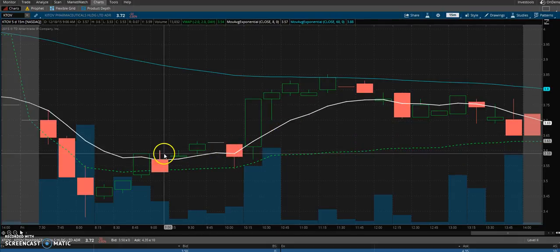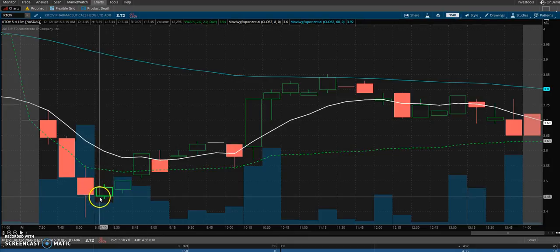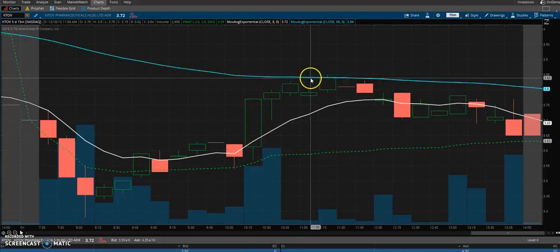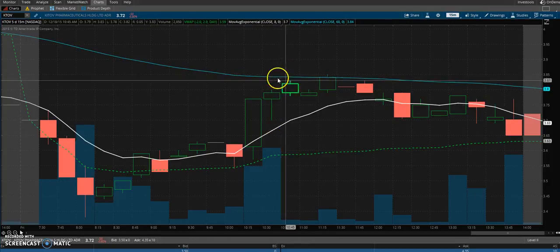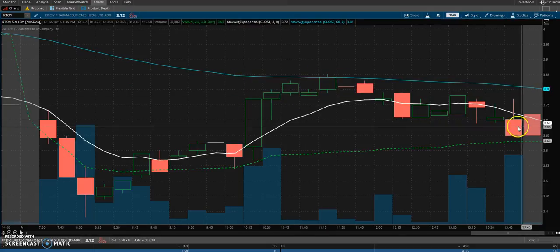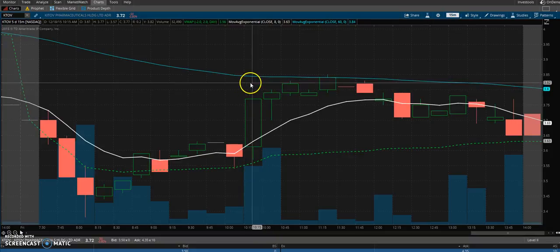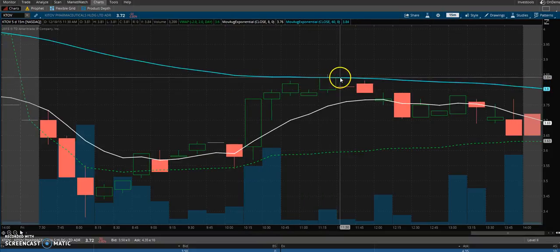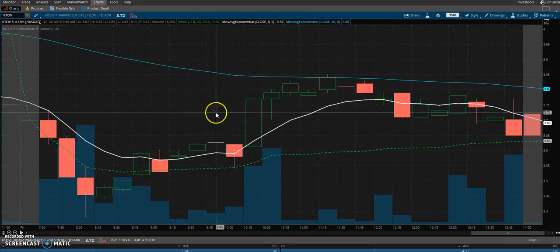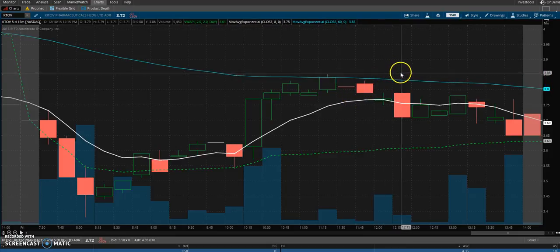Another thing you want to be on the lookout for is the farther this has to travel, the more substantial the 60 EMA is going to become and the more likely it gets rejected off of it. So what you're looking for at this point is a base and break above the 60 EMA, and to give you a better clue, hopefully a cross of this 8 EMA over the 60 EMA as well.